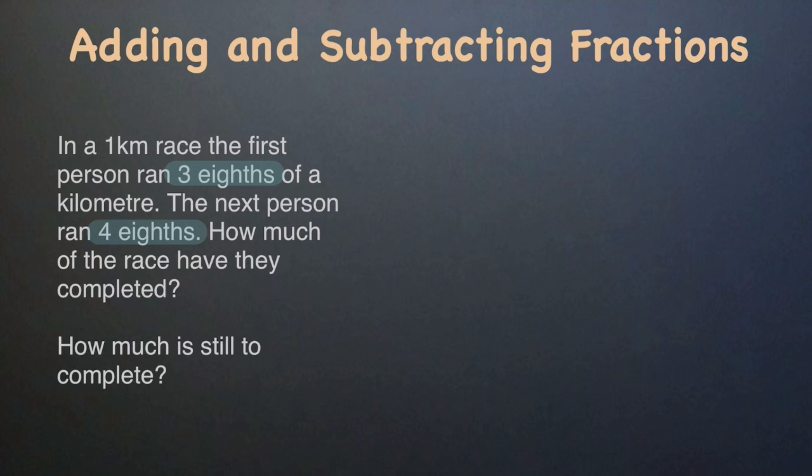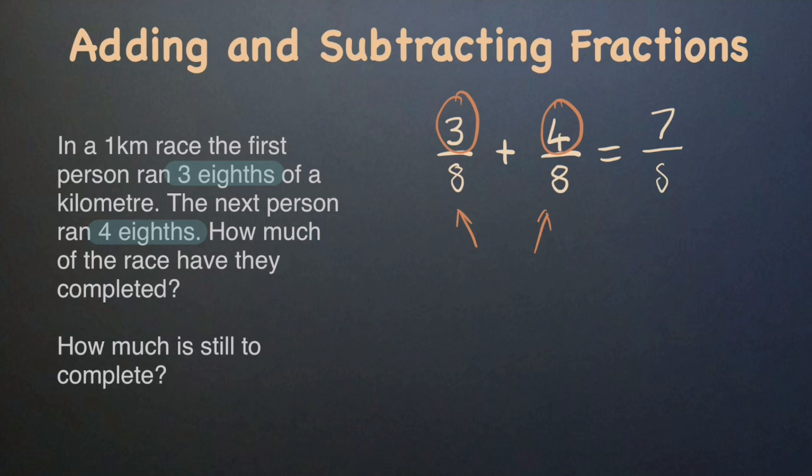We could write it like this: 3/8 plus 4/8 equals. Once again, we've got the same denominators, so they're the same size pieces. So if we've got 3 of them here and 4 of them here, we know 3 plus 4 is 7, so we're going to end up with 7/8.